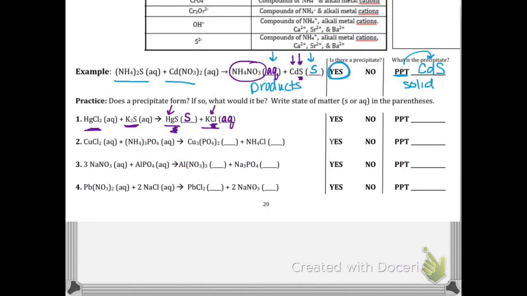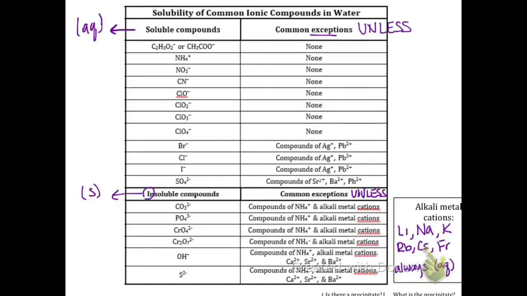Okay, so let's look at the next example. Here you have your two compounds, a copper phosphate and an ammonium chloride. Let's look at this PO4 and find it on our chart. It's right here. Phosphate is always a solid unless it's with one of these things.